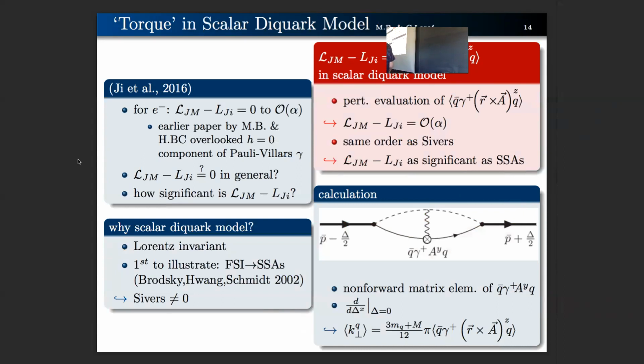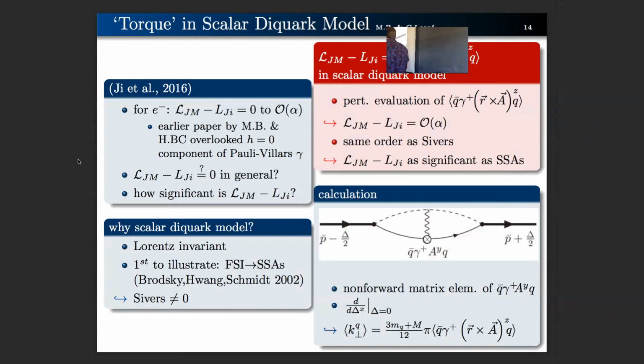The immediate question, once I agreed with them, was, is this more general? And so what we looked at is the scalar spectator model to investigate that difference. We picked that model for 2 reasons.